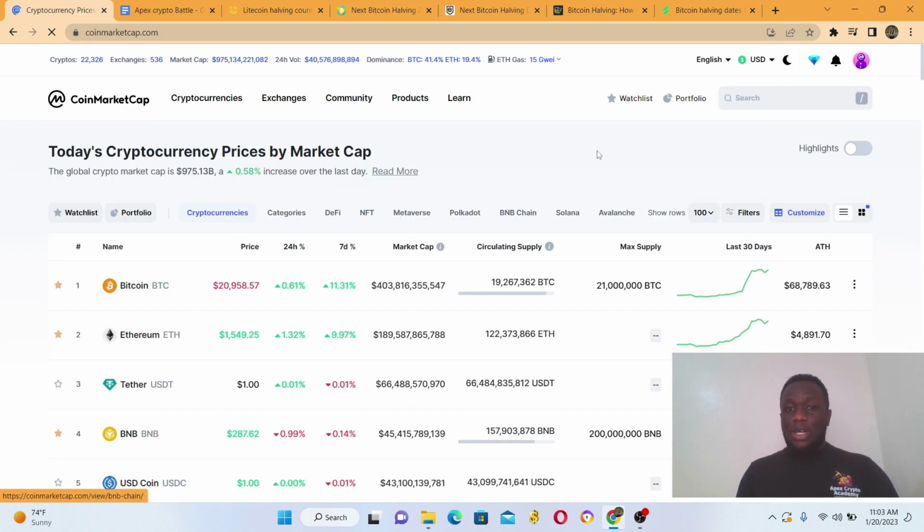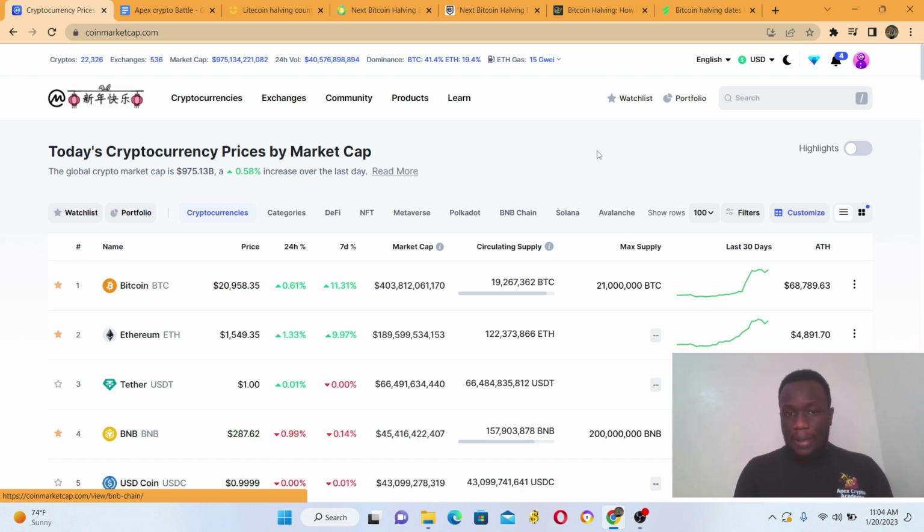That creates what we call a decrease in supply. And as we all know from economics, decreased supply and increased demand will always push the price of an asset higher. Be it commodity, be it food, whichever goods, whenever there is increased demand and decreased supply, the price of the asset is going to go up.